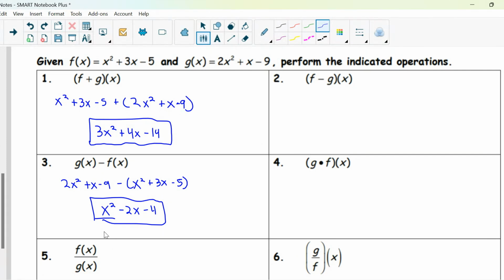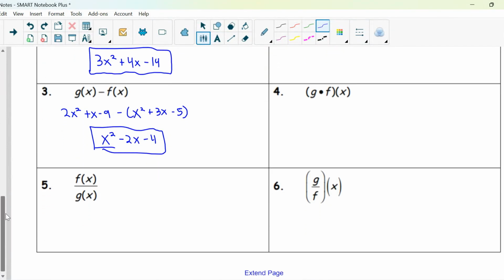Okay? And finally, sticking with just the ones on the left side, we'll save the right side for class. We have f of x divided by g of x. So f of x is x squared plus 3x minus 5 divided by g of x, which is 2x squared plus x minus 9.